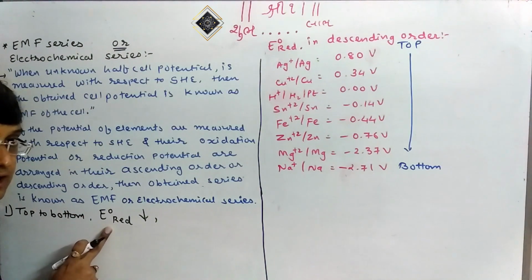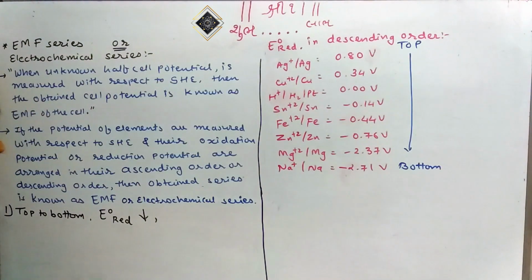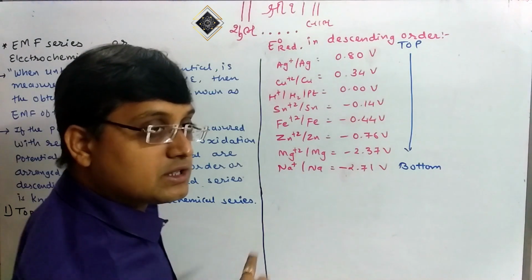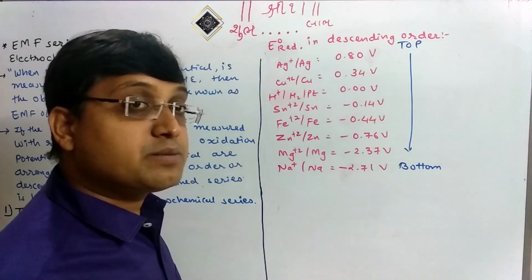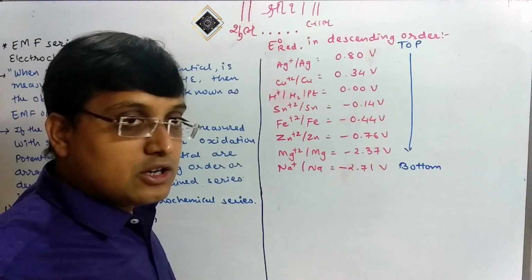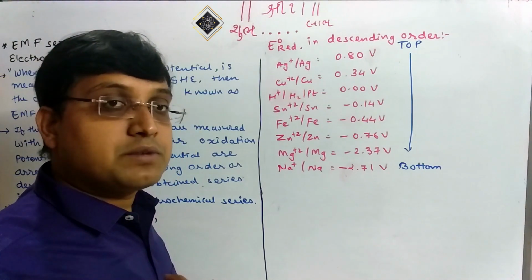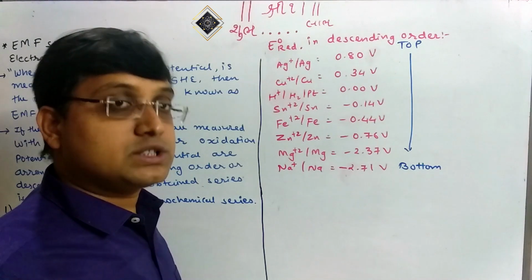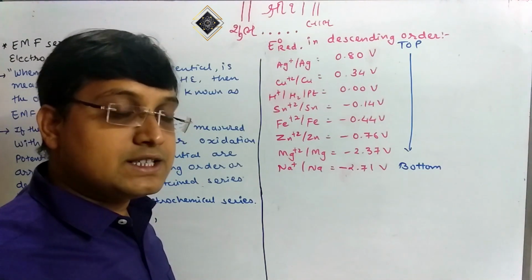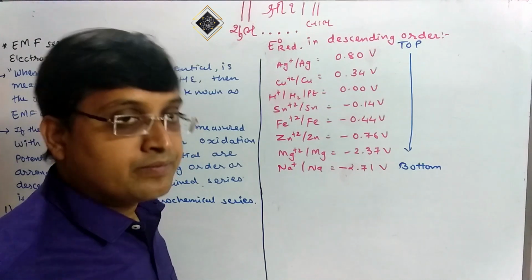Don't put a sign, please. Reduction value decreases, that means their tendency to experience the reduction decreases. In a redox reaction, the species which experiences the reduction works as the oxidizing agent, so the intensity of the oxidizing agent also decreases.